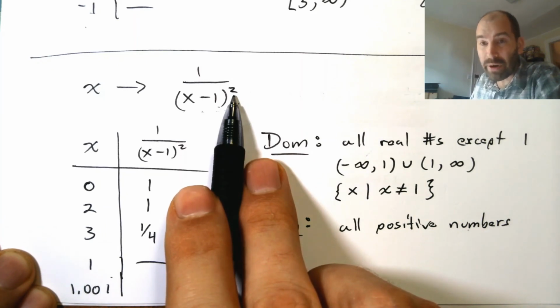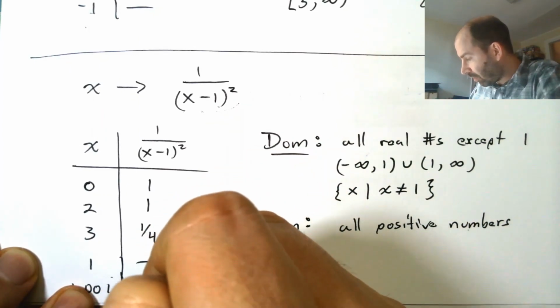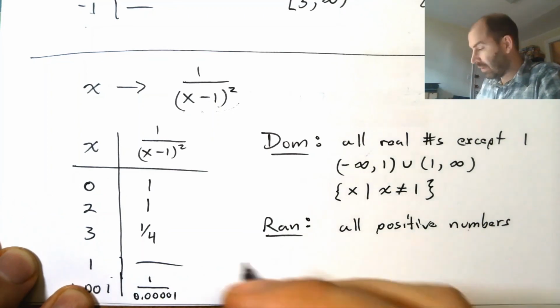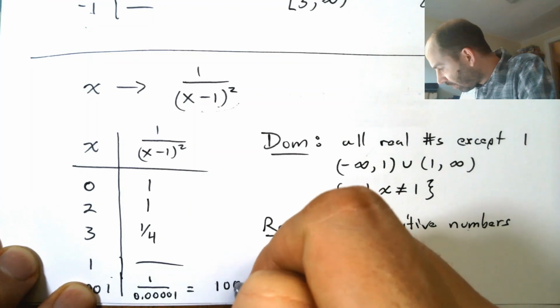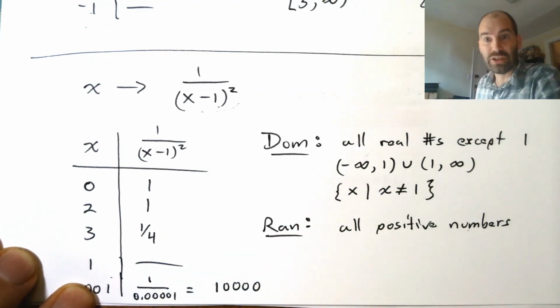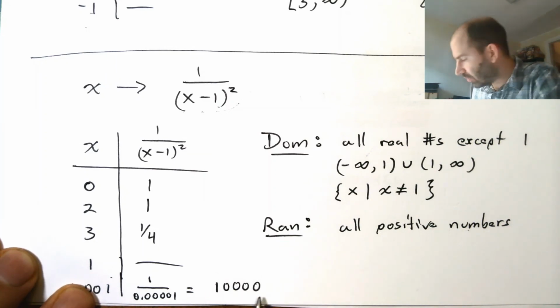Teeny tiny number, right? But what's 1 divided by 0.00001? That's 1 with 4 zeros after it. That's huge, right? Maybe that's actually one more zero.